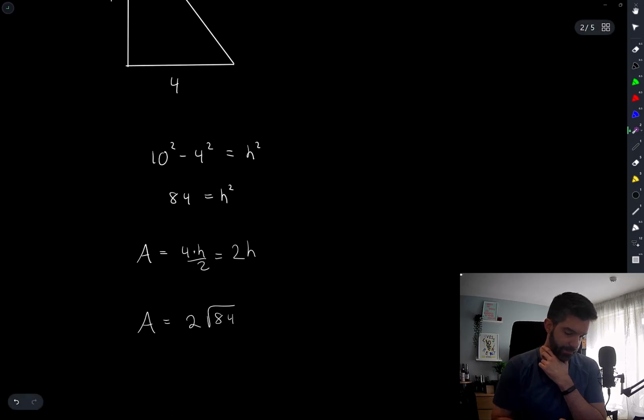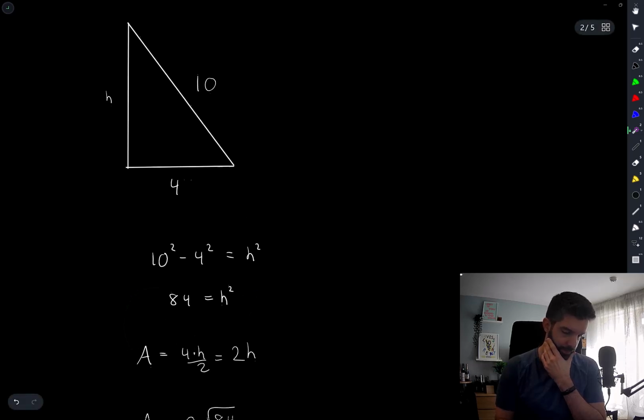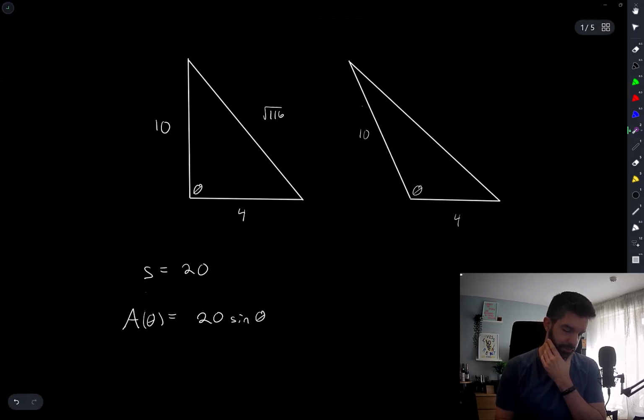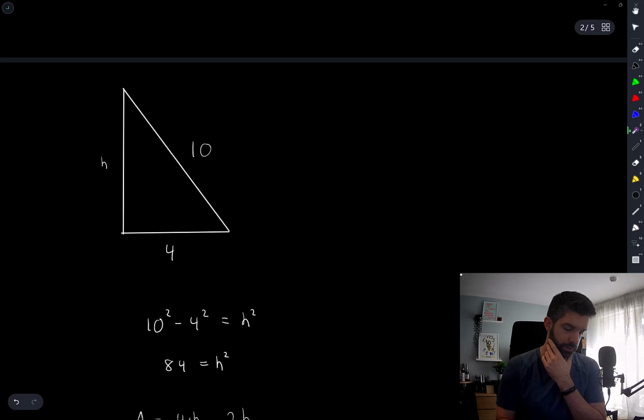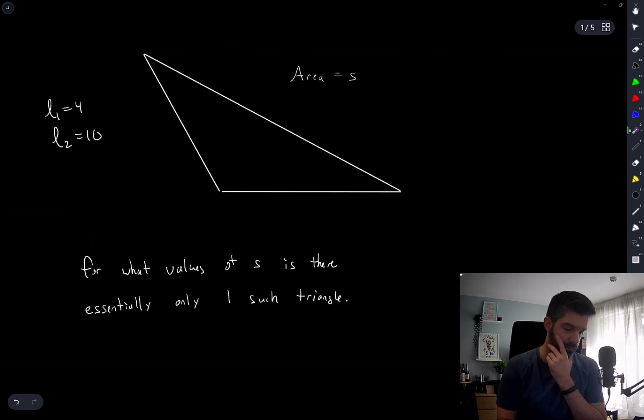This area, 2 times root 84, is less than this, right? This is clearly a bigger triangle than this one. They're both right triangles.